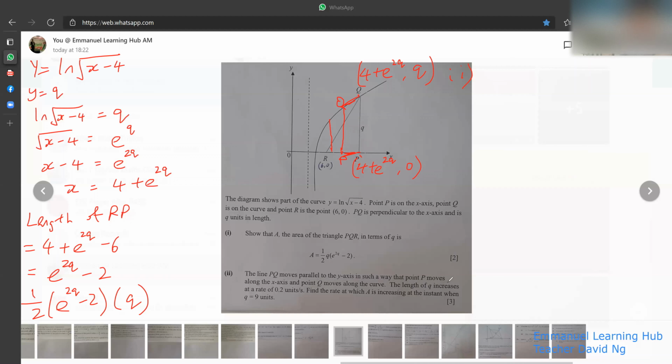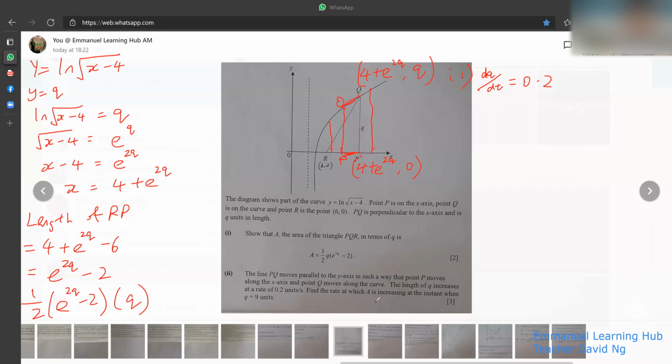The length of q increases at a rate of 0.2 units per second. So that means they can move this way also. The length of q increases at a rate of 0.2 units per second. So dq/dt is equal to 0.2.